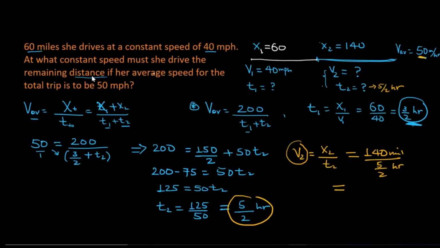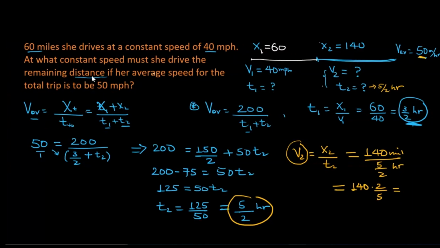If you rearrange this, it is 140 times 2 over 5, reciprocating the denominator. I hope you know some algebra. After you cancel the units, this is going to be in miles per hour.